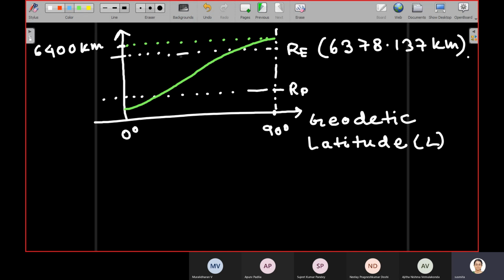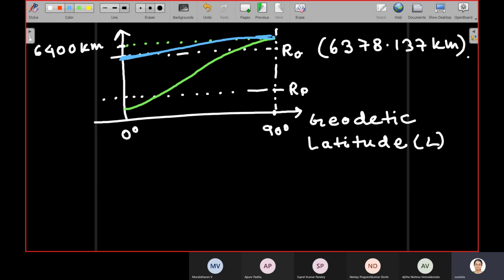So when L is equal to 0, Re is actually this. Okay. So this is how they vary with latitude, meridian radius of curvature and the transverse radius of curvature.